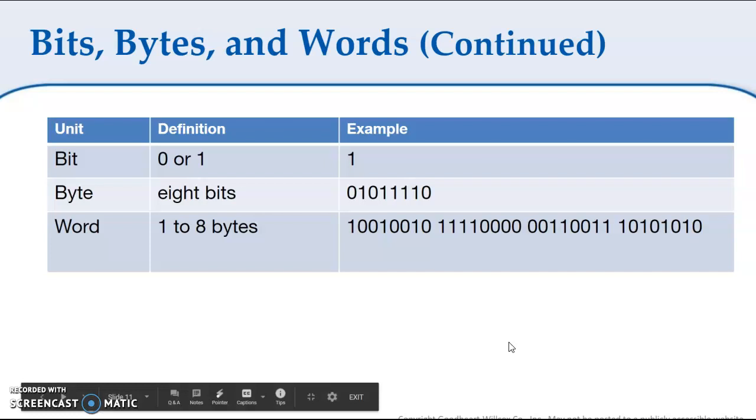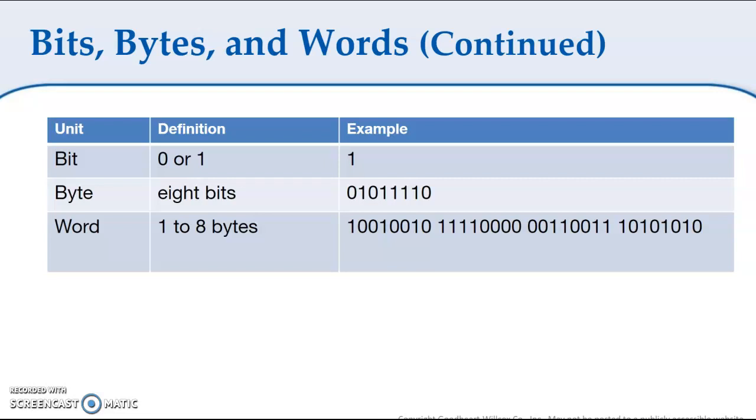Let's take a look at this little table here. So if we take the unit of bit, byte, or word, the definition of a bit is going to be a 0 or a 1. An example of a bit is 1. Now a byte is going to be 8 bits, which is a combination of 8-bit digits. So an example might be 0, 1, 0, 1, 1, 1, 1, 0.